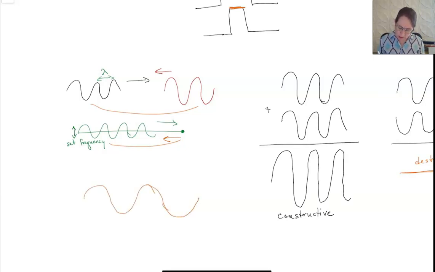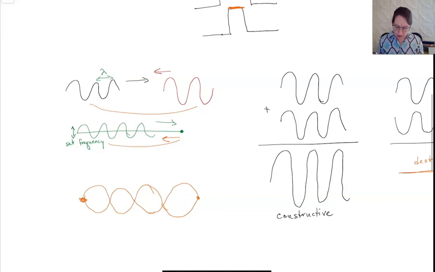And it's really hard to draw a standing wave here, but the way we can think about this, and we'll look at the properties of a standing wave, is that we tend to draw them like this, even though that's not what they actually look like. But what's really happening is that at one time it's at this position, at another time it's at this position, at another time the wave is at this position.